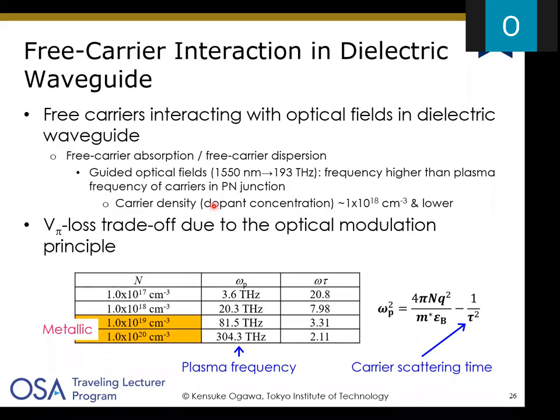And actually, we are dealing with a dielectric waveguide, not a metallic waveguide. So there is some limitation of the doping concentration to avoid the metallic interaction. The doping concentration is up to 10 to the 19 per cubic centimeter. Beyond this range, the plasma frequency gets closer to the optical frequencies, so the waveguide is no longer dielectric.